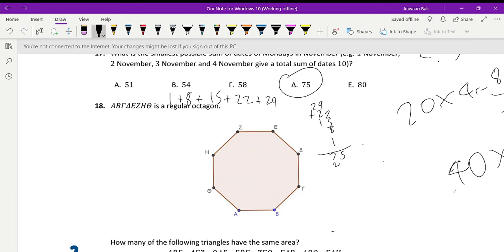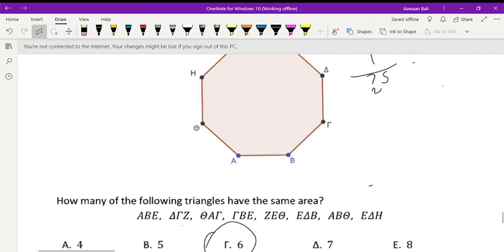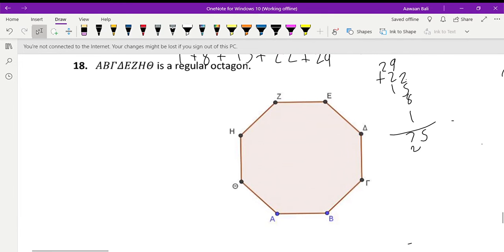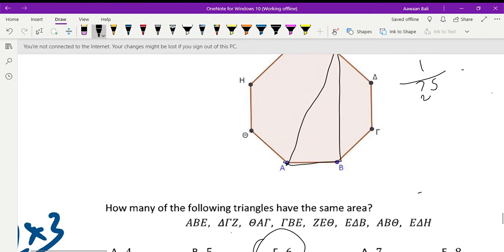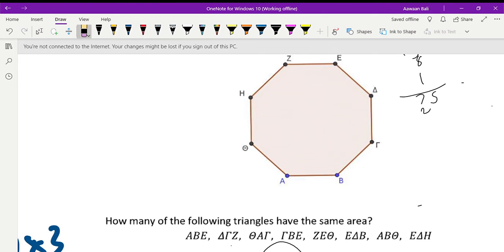How many of the following triangles have the same area? So first we have alpha, beta, eta. You can draw that one like this. It's a normal right angle triangle. But let's see if we can get any more like that, though there's only going to be one equal one. Oh wait, 1 minute.